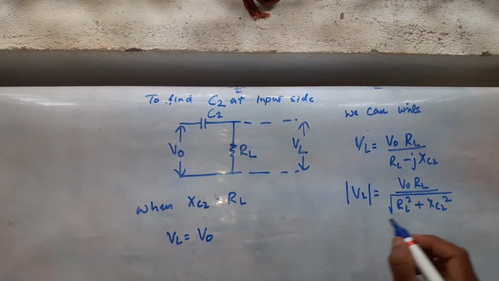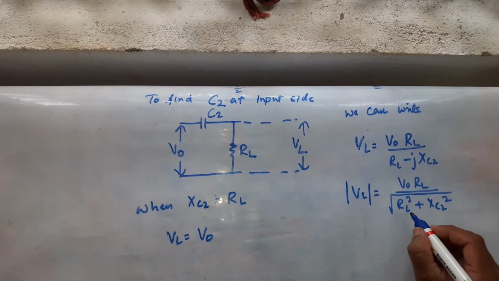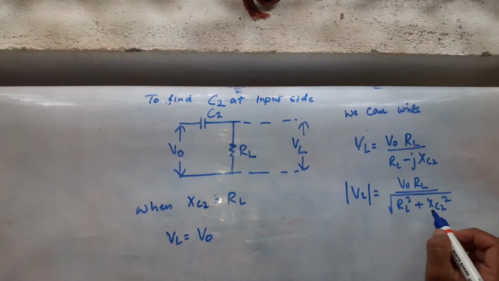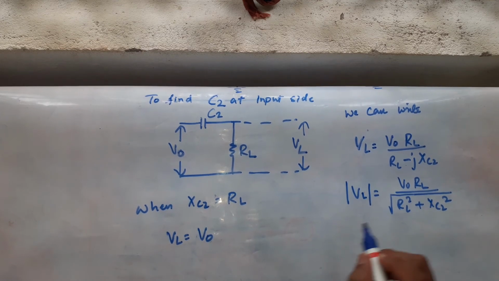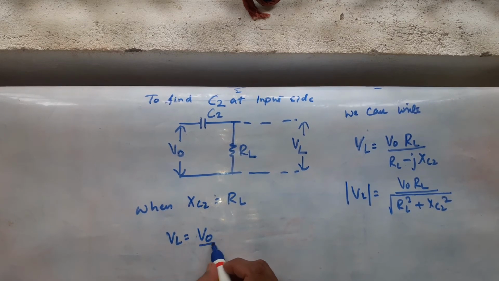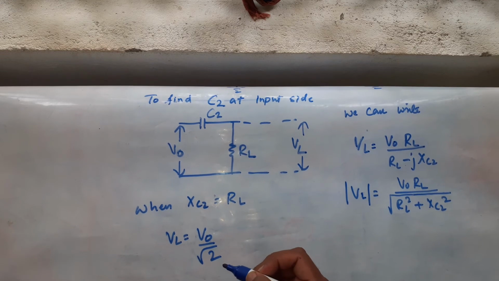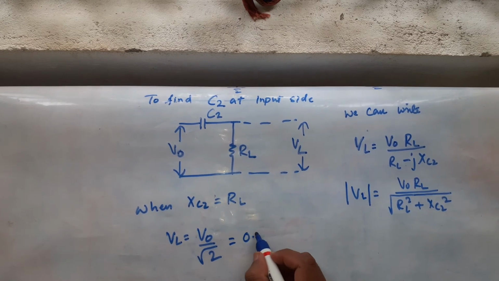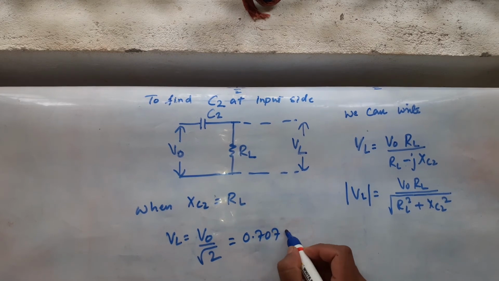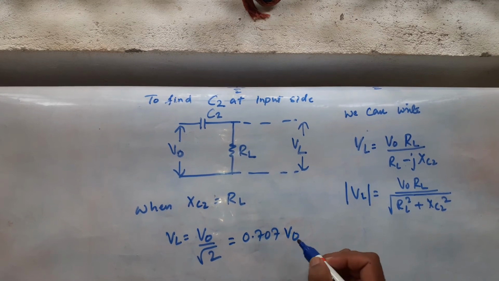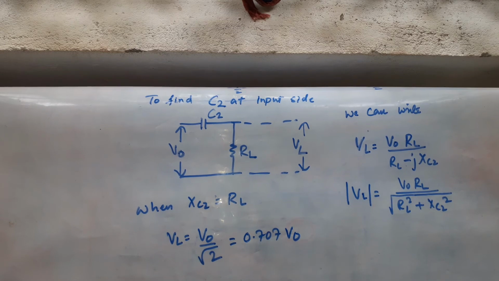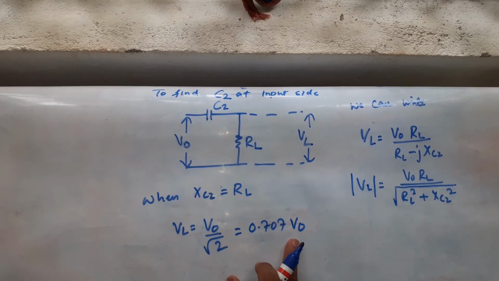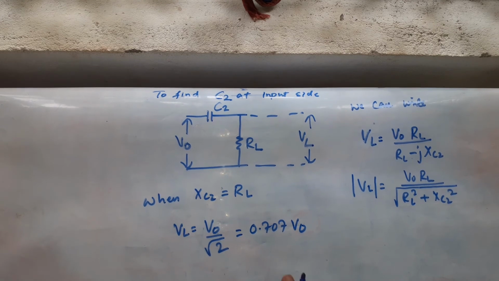If this and this become equal, then this becomes 1 plus 1, which is 2. Root 2, it becomes root 2. So 1 by root 2 is 0.707, it goes on like that. So VL is going to be 0.707 V naught.